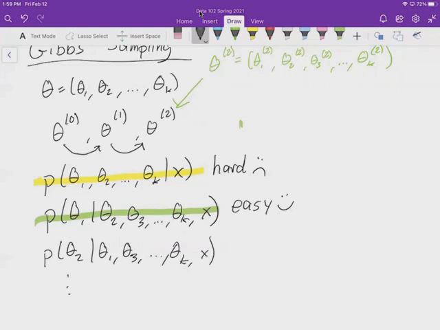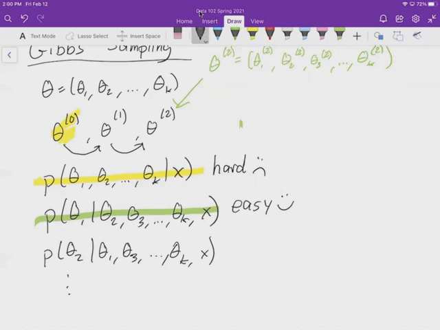And so the idea here is very straightforward. We start with some initial sample theta 0. To get our next sample theta 1, all we're going to do is pick one of the hidden variables and resample it out of the corresponding conditional distribution.